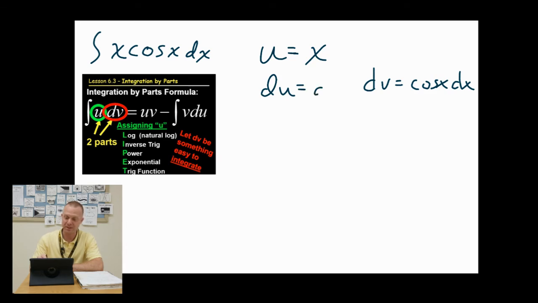Derivative of x is basically the derivative of x. It's a dx. Remember, for dv to turn back into v, you actually are doing the antiderivative. You're going back up to that. Antiderivative of cosine is sine.